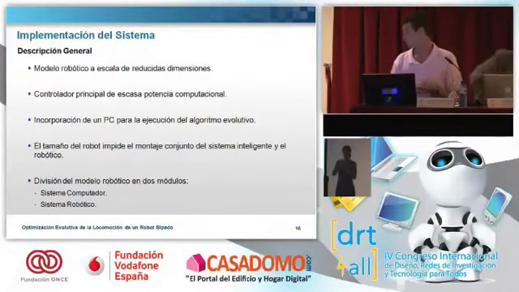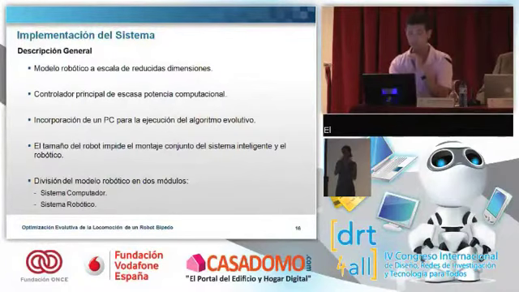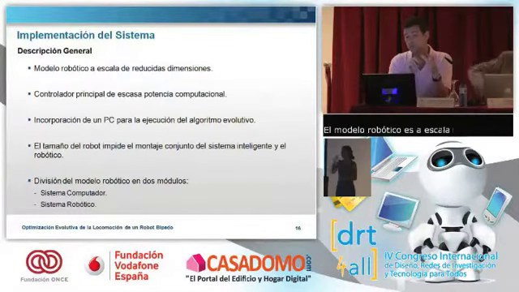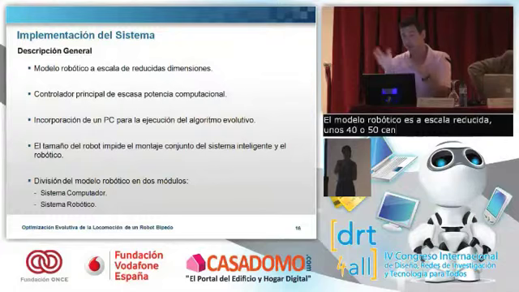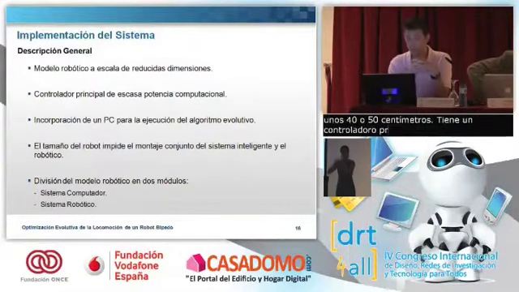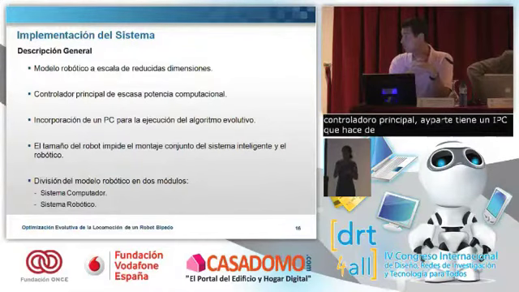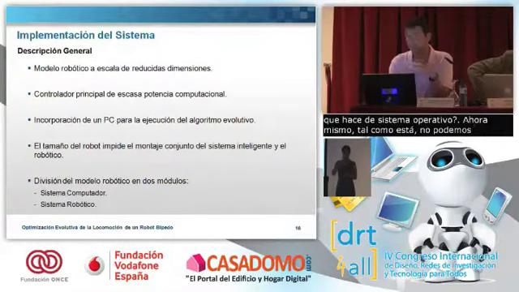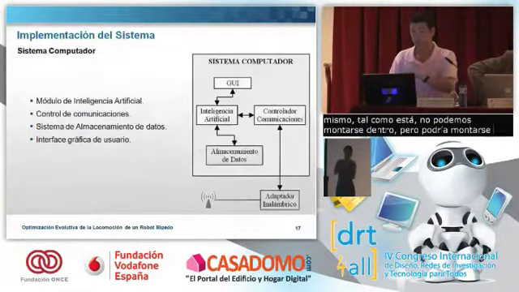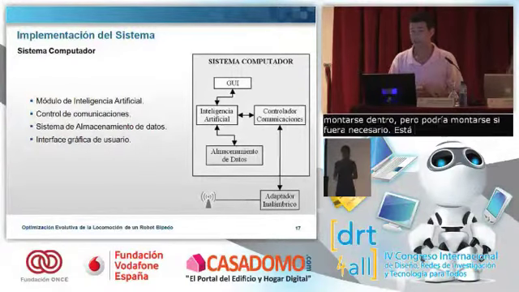The robotic model is of a small dimension. It has a main controller, and it has separately a PC that runs the evolutionary algorithm. Of course, this intelligence part, this PC, could be in the robot if needed.